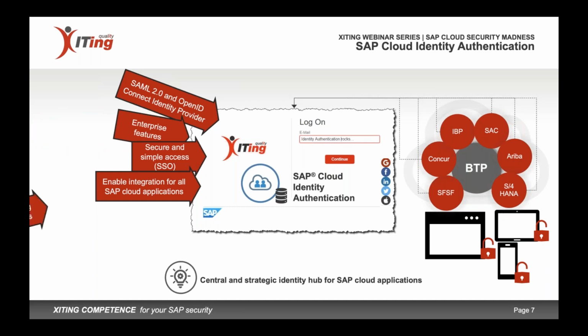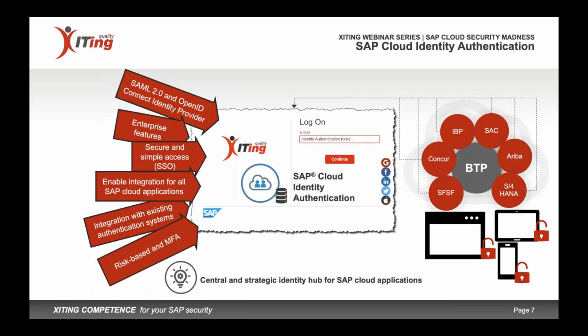It comes with enterprise features, meaning you can integrate with existing authentication systems that you may already have or also existing user stores. That's at the end one of the core functionalities of this system. And of course, you can have risk-based rules. You can use multi-factor authentication. You really can secure the initial access to your cloud applications, and everything is tunneled through this central component.